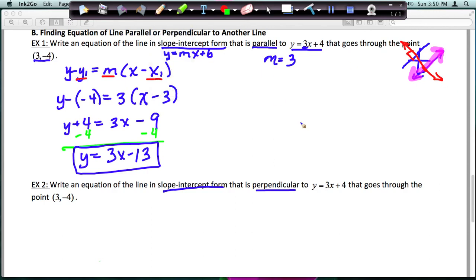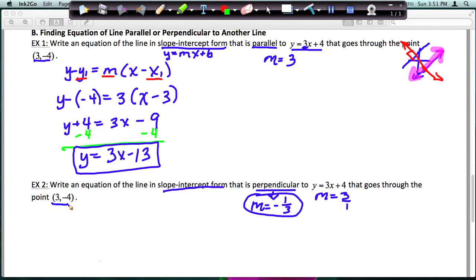So the slope of this line, again, 3x plus 4, is 3. And so the slope of the line perpendicular to it is the negative reciprocal. So 3 is the same thing as 3 over 1. The negative reciprocal means change the sign, so this positive will become negative, and flip your fraction, so negative 1/3. So this is the slope I need for the line I'm trying to find in red, and this is the point.